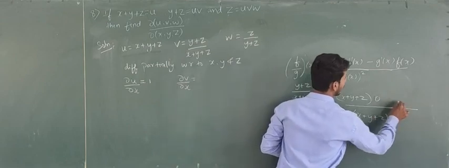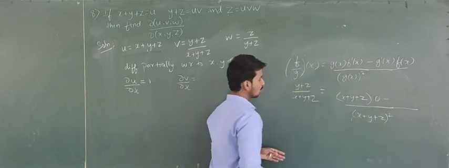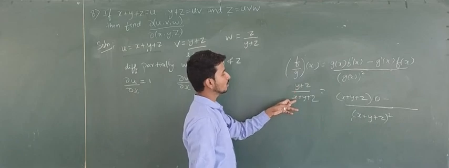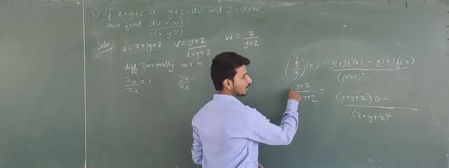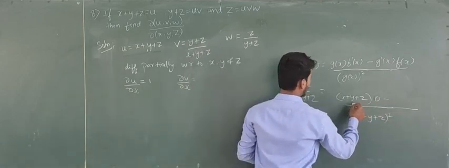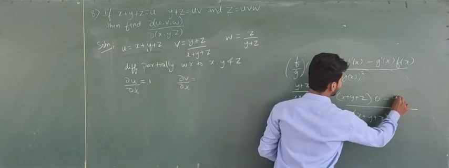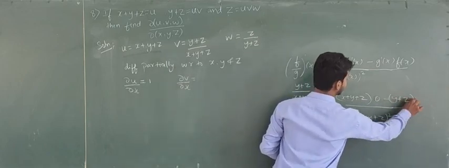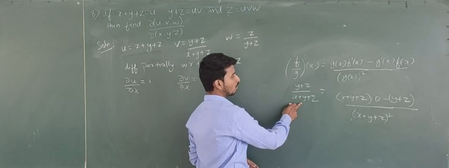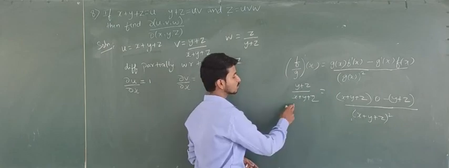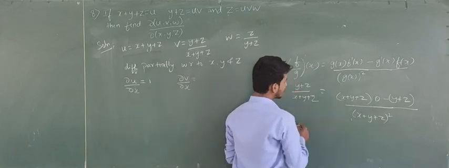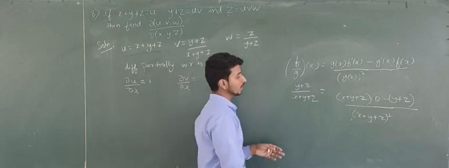Next minus of, we keep the numerator as it is, that is y plus z, and we now differentiate the denominator, x plus y plus z. If we differentiate with respect to x, this will be 1.